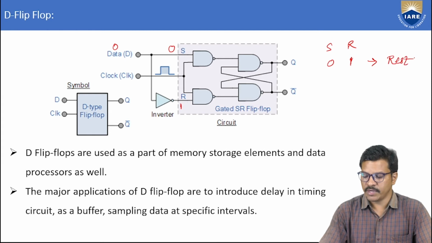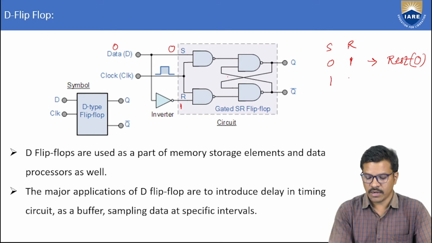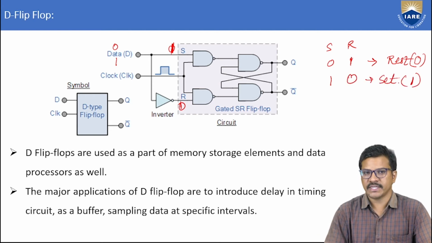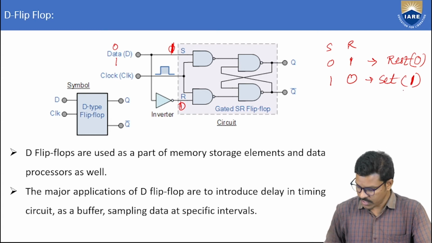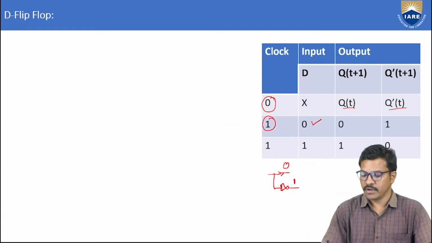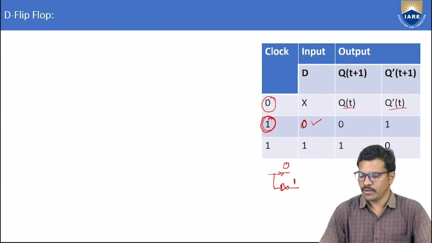of the output. What does it mean? Reset of the output means Q is equal to 0. When D is equal to 1, S is equal to 1 and R is 0, which means set, so whatever the present state, it will change to 1. That is what happens in the D flip-flop. So when the clock is high and D is 0, the output is reset, the output will be 0 and Q bar, the complement output, is automatically 1.